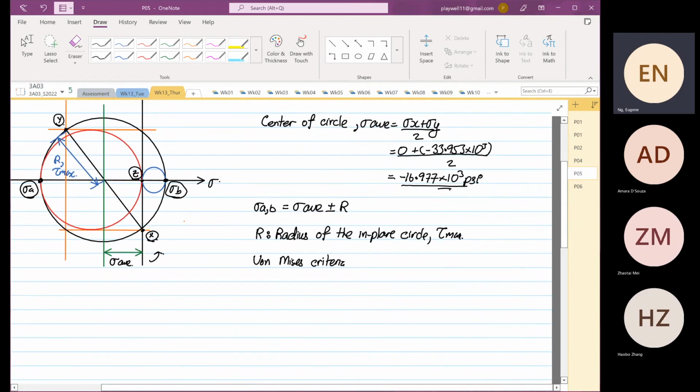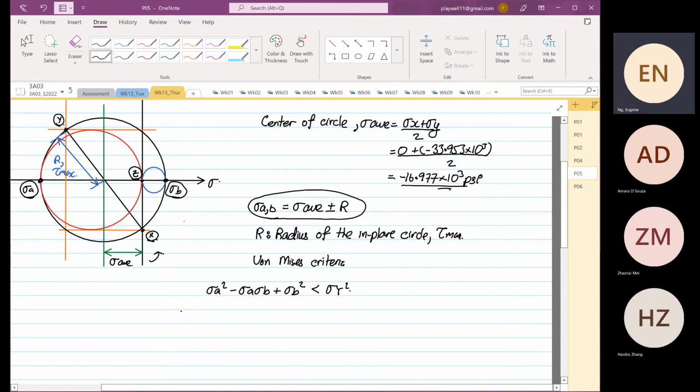So we know that the equation is sigma A squared minus sigma A sigma B plus sigma B squared has to be less than stress U squared. So now we're going to put in our sigma A and sigma B values. Substitute into von Mises criteria.